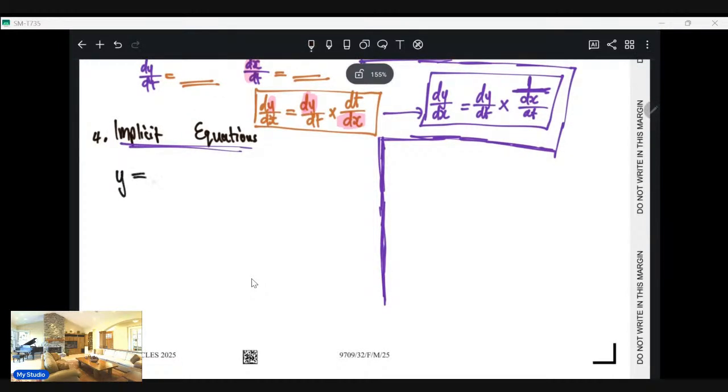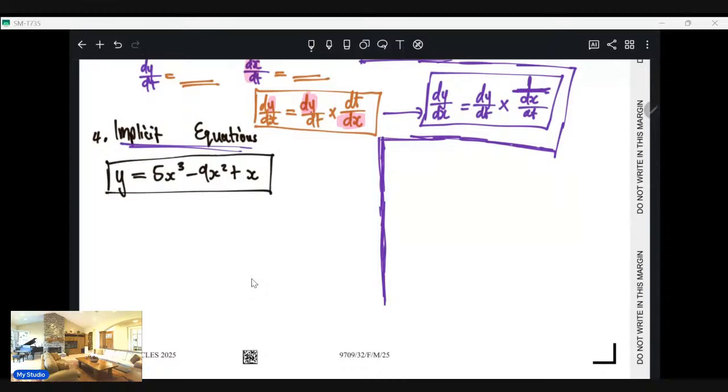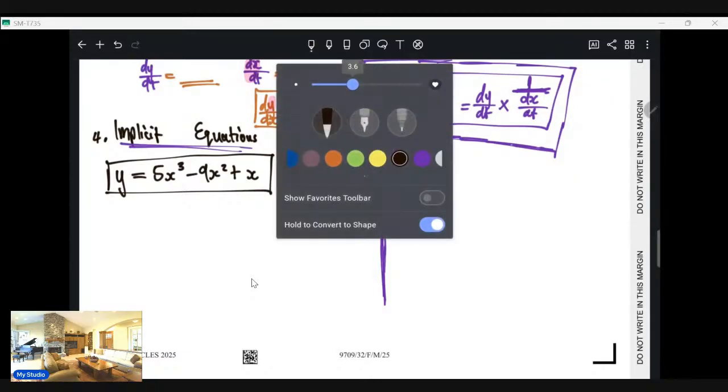For example, y is 5x cubed minus 9x squared plus t plus x. This is an explicit equation because you can make y the subject. When you have an implicit equation, even if I give you $1 billion, you can't make y the subject.